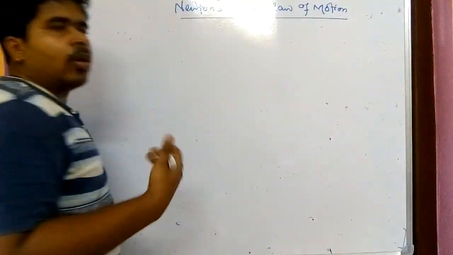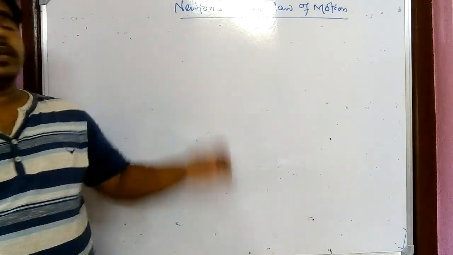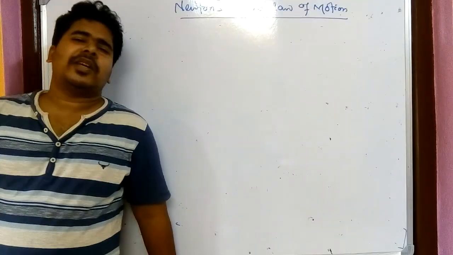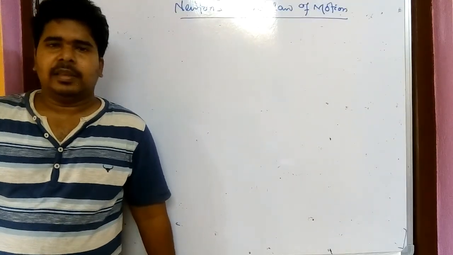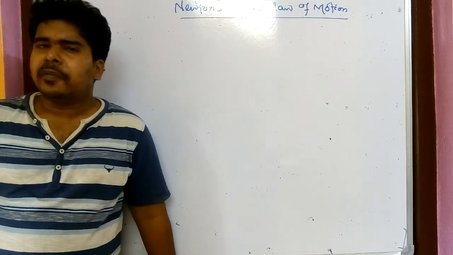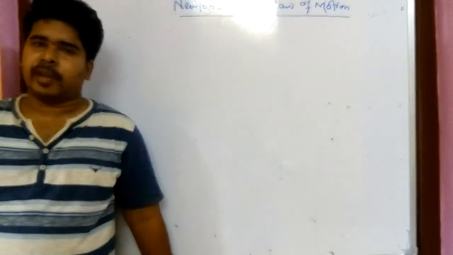Among the laws we have read three laws: first law, second law, and this is the last, the third. This is the easiest statement, but it seems to be the toughest concept of the three laws we have read.